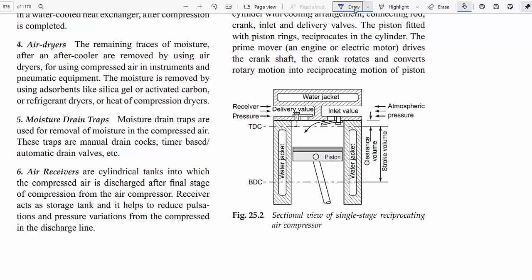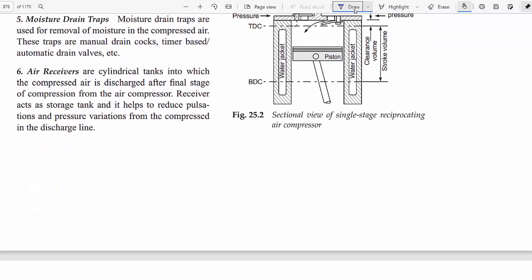The space between the topmost plane and TDC is called the clearance volume, and the volume between TDC and BDC is displacement volume. This is a single acting, single stage reciprocating compressor. Here the top of the piston alone sucks the air and delivers compressed air. This is one type of compressor.